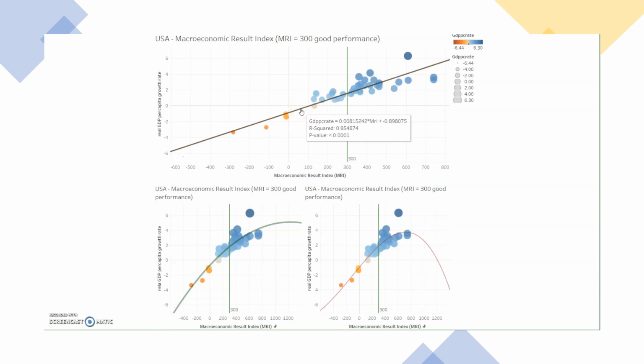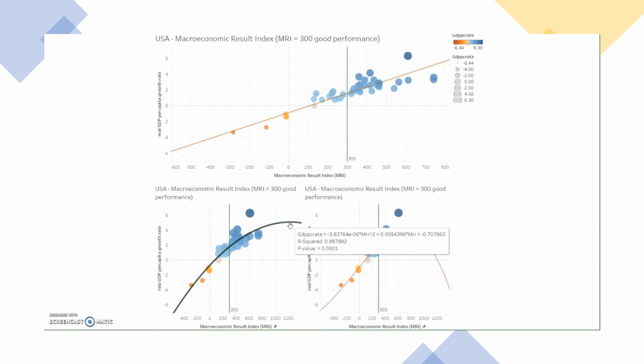We need to combine statistical analysis with economic theory and the empirical evidence. And here is the situation. When the country shows MRI higher than 800, you are nearby the full employment, meaning that the economy cannot keep growing at the same rate. And as a consequence, the MRI tends to stagnate. Okay?